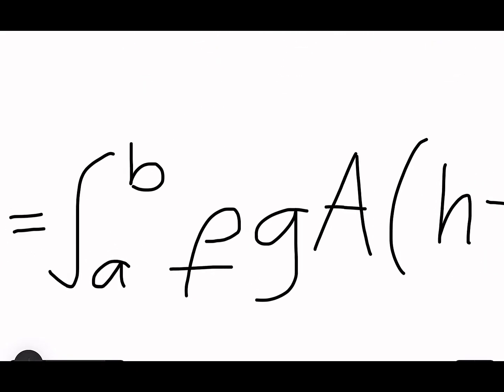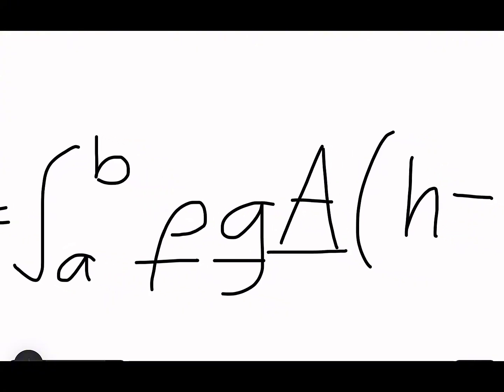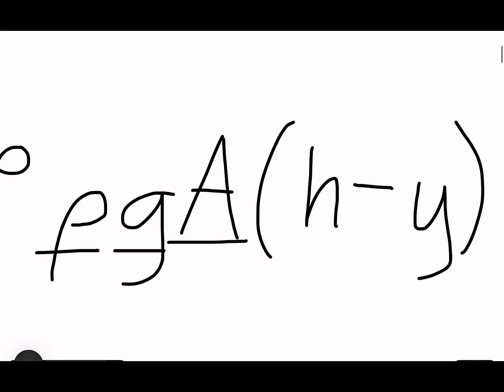This is the density of the water, which has a constant value of 1000 kilograms per meter cubed, and this is the gravity, I'm so sorry, and this is the area of the tank surface, and this is the final height and the current depth.